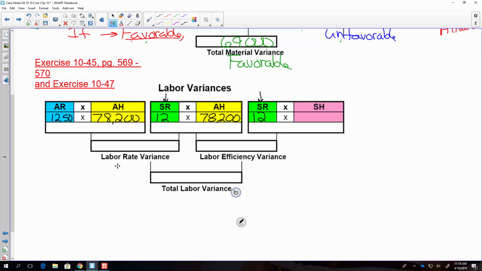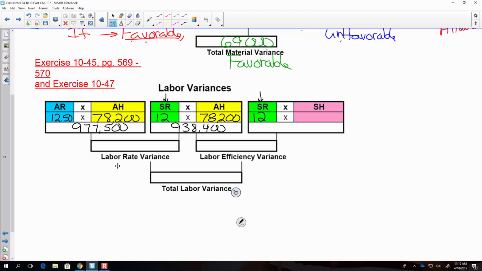Do you have the first one? 977,500. Do you have the second one? 938.4. Kershaw, for the rate variance, is it favorable or unfavorable? Unfavorable. How come?